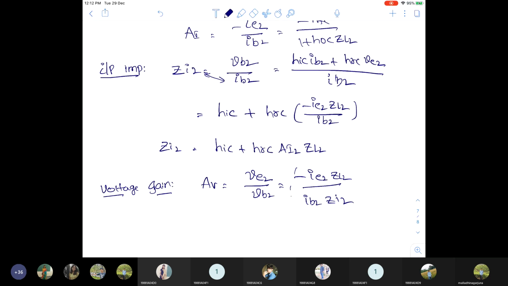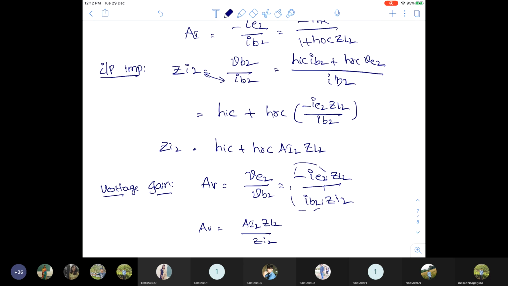So in place of minus IE2 by IB2, I can write AV equal to AI2 into ZL2 by ZI2. This is the voltage gain. And now do it for the output admittance.